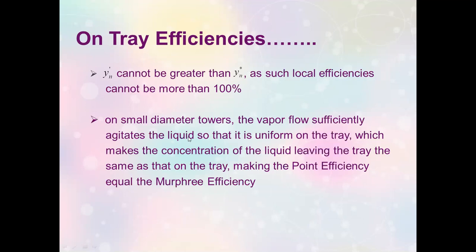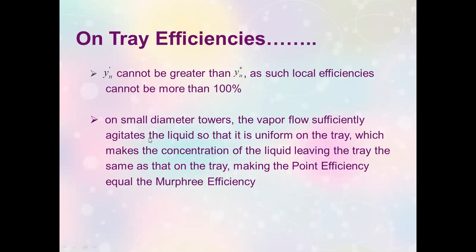Now, when we compare small diameter towers to big towers, meaning towers that have big diameters, in the case of small diameter towers, the vapor flow sufficiently agitates the liquid because it's small, so that it is uniform on the tray, which makes the concentration of the liquid leaving the tray the same as that on the tray, making the point efficiency equal to the Murphree efficiency.